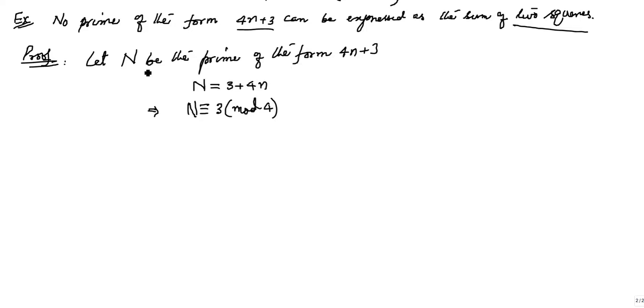We have already taken n as a prime of the form 4n plus 3. So to show this by contradiction, we assume n is equal to the sum of two squares, a squared plus b squared, for some integers a and b.